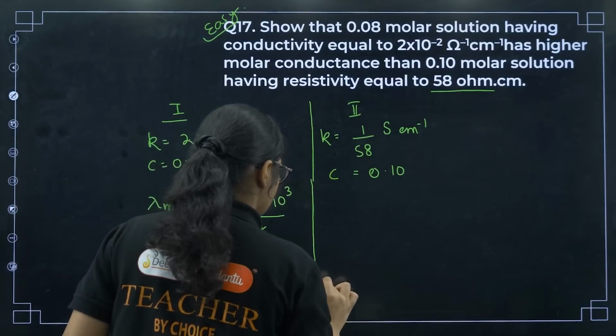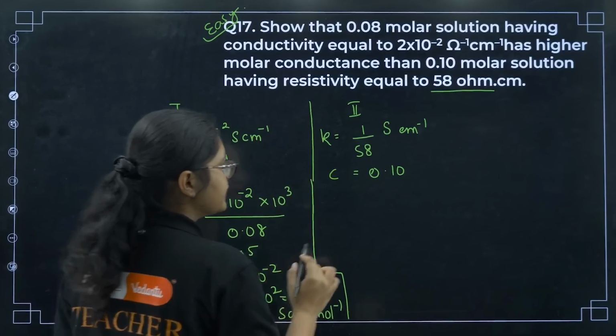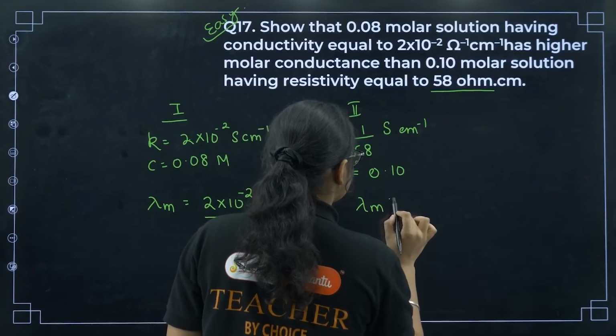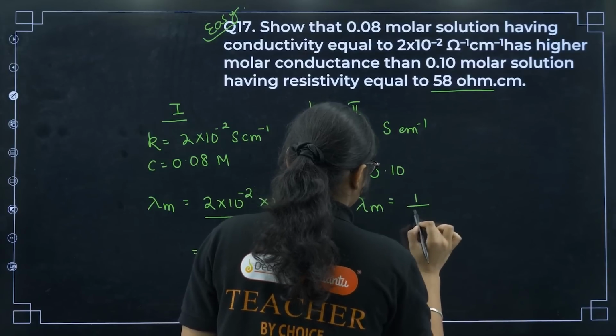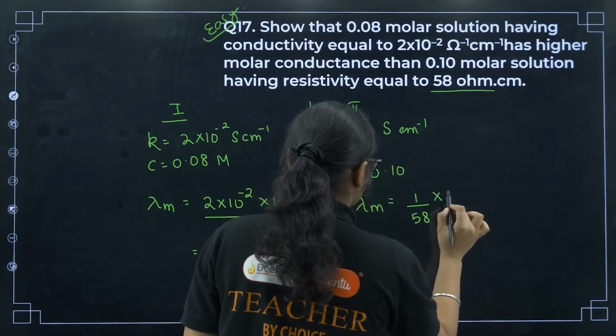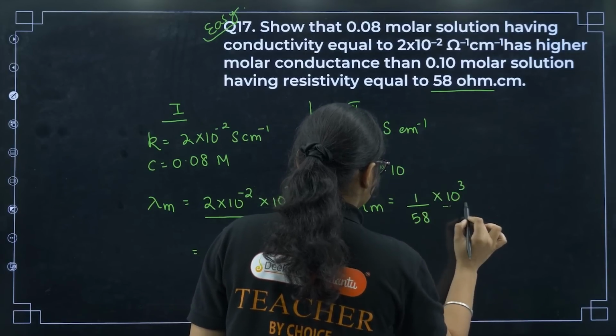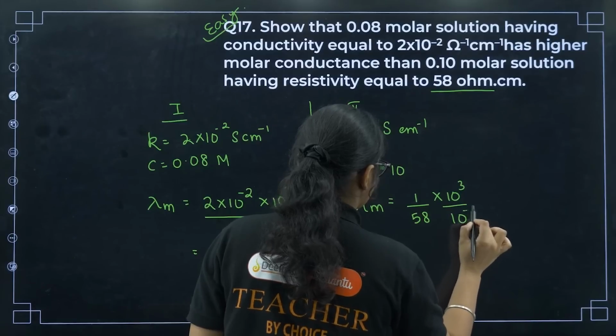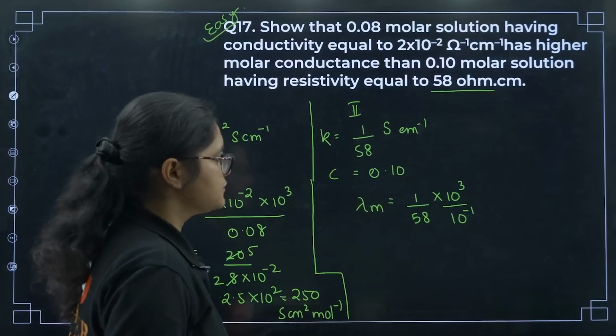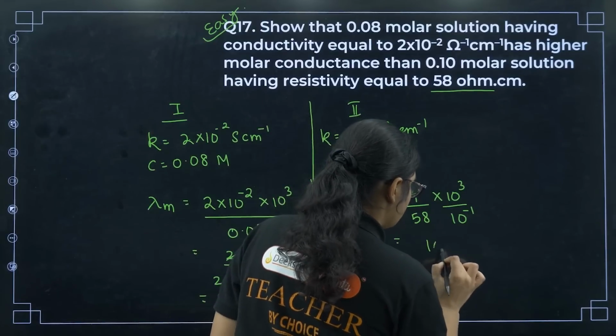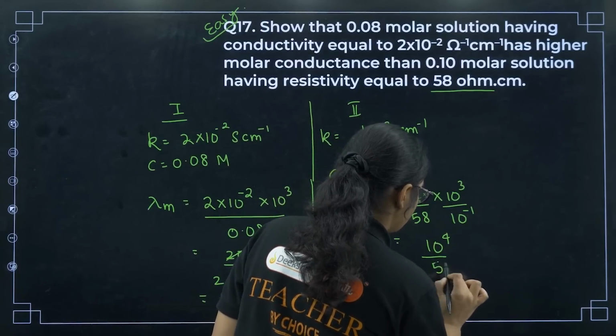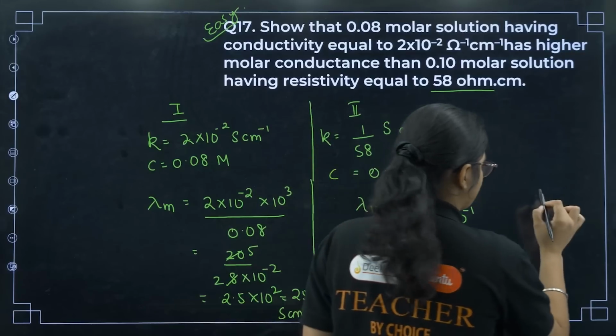Now coming to this one, here I can find molar conductivity as kappa, that is 1 by 58, into 1000 by c, that is 10 to the power of minus 1. So now what I will get here is 10 to the power of 4 divided by 58. Let us calculate here.